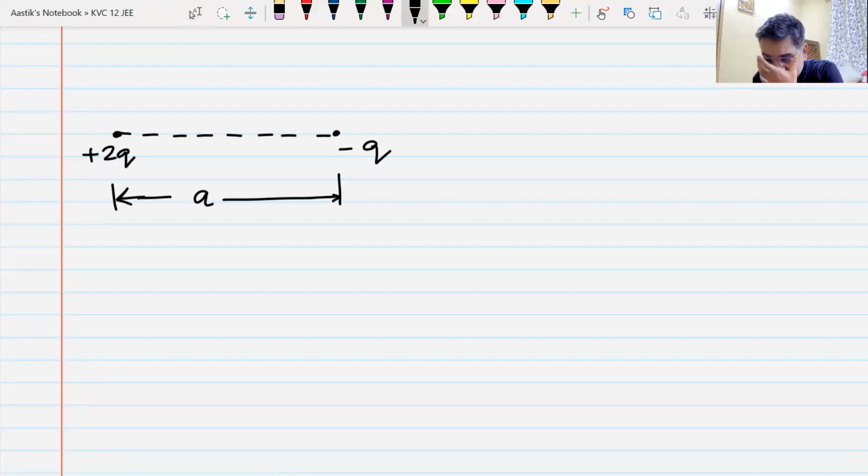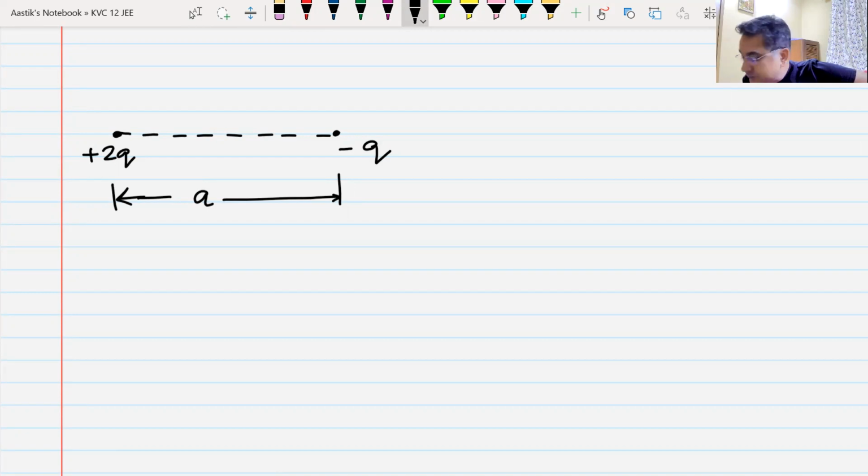Can you tell me at which point potential would be coming as zero? That would be the last question for today. Remember, here I am assuming the potential at infinity to be zero. But apart from infinity, is there any point that you can find out?